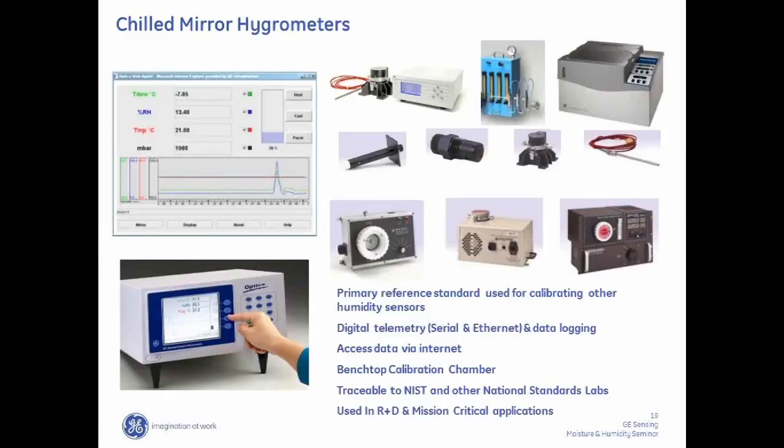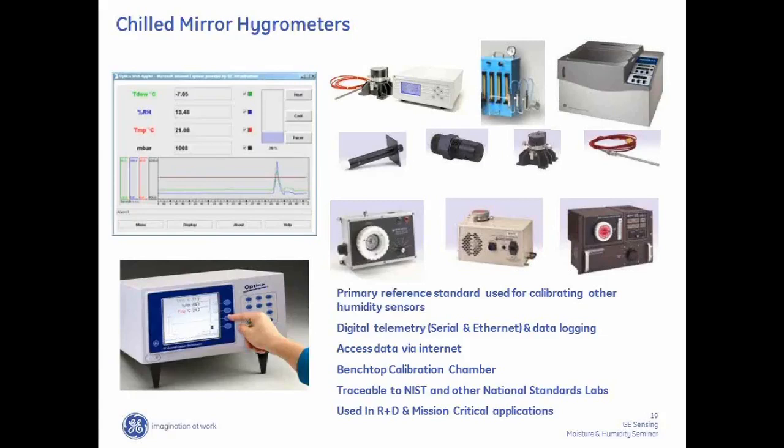The chilled mirrors come in a variety of different configurations. There is more of an entry-level analyzer, and then there's an analyzer that's sort of a color display with various features such as data logging and digital telemetry, being both serial and Ethernet. You can access the analyzer from a remote location via Ethernet. And there are several sensors that you can choose from.